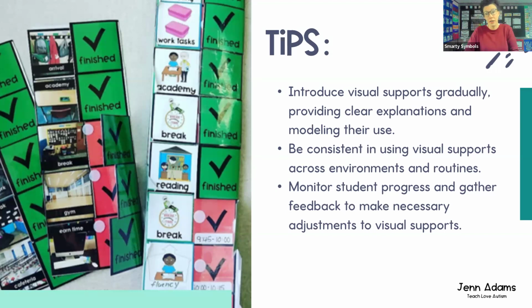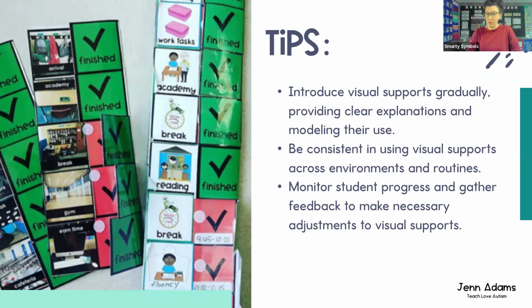You may have to try different ones. And then, of course, monitoring that student's progress. I would highly recommend keeping some kind of notes or data to show if your visual support is working. So if we're not keeping track, we're probably not properly assessing if that support is beneficial.